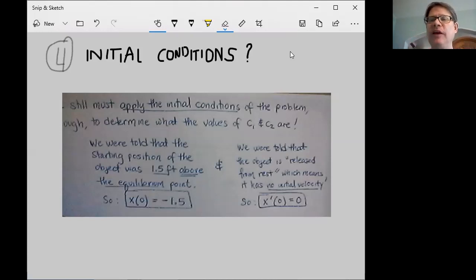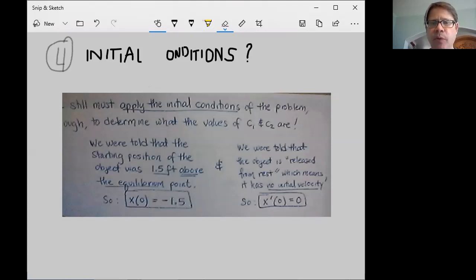Well, those two things translate into two initial conditions. The fact that it's released from a position that's 1.5 feet above the equilibrium, remember we said earlier, means that our initial position, x sub 0, has to be negative 1.5.